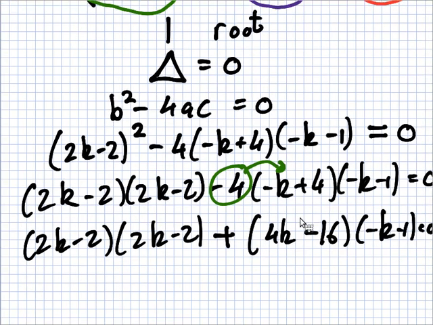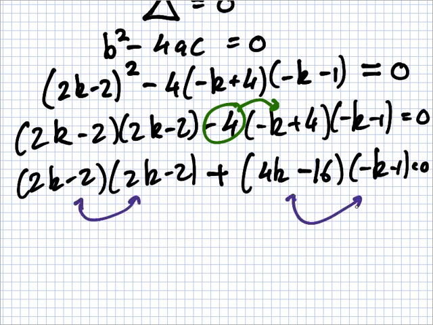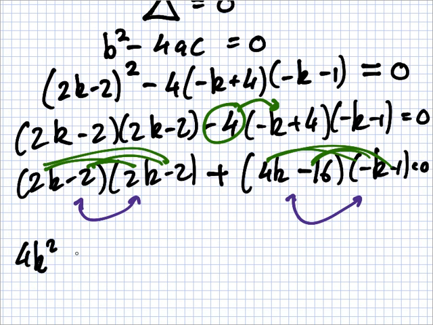Okay. Right, now, it's not so bad, is it? Because we have these two brackets to multiply and these two brackets to multiply. So let's multiply. First by first, first by second, second by first and second by second, first by first, first by second, second by first and second by second. So that would be 4k squared minus 4k, isn't it?